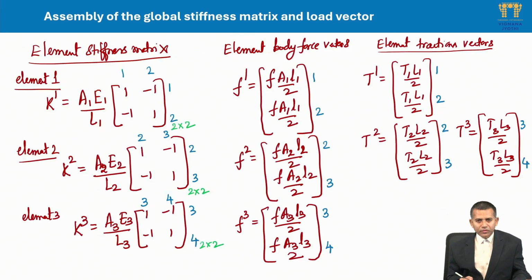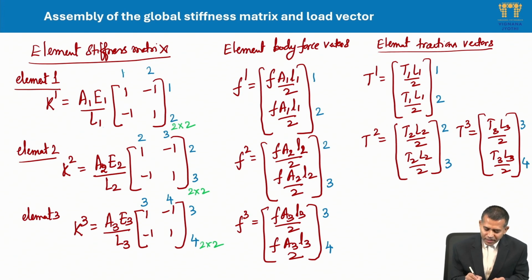So go back to the expression here. We have A1, E1, L1 times 1, minus 1, minus 1, 1. Here A2, E2, L2 times 1, minus 1, minus 1, 1. So let me take this A1, E1, L1 inside. Then the stiffness matrix will be A1, E1 by L1, minus A1, E1 by L1, minus A1, E1 by L1, again A1, E1 by L1.